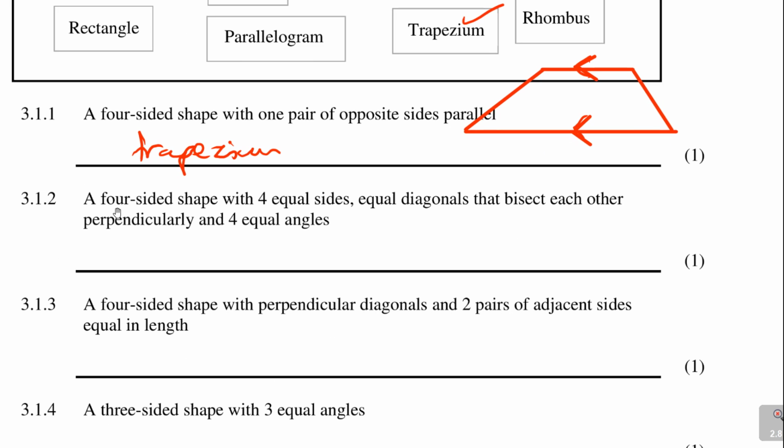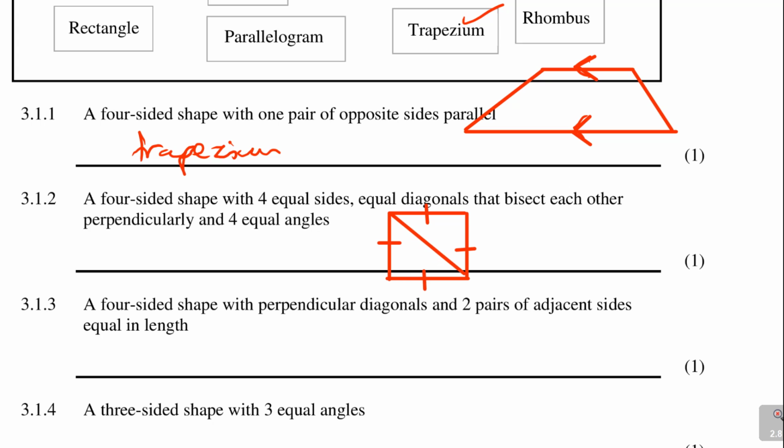Next one, a four-sided shape with four equal sides, equal diagonals that bisect each other perpendicularly, and 4 right angles. Guys, this one definitely looks like you are talking about a square. There is something special with the square. These are the diagonals. They are saying four-sided shape with equal sides, so this side is equal to this side, equal to this, equal to this.